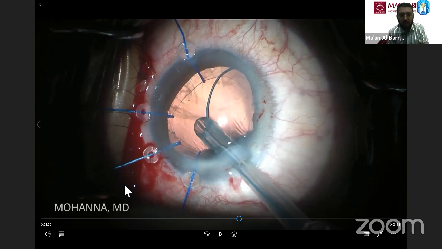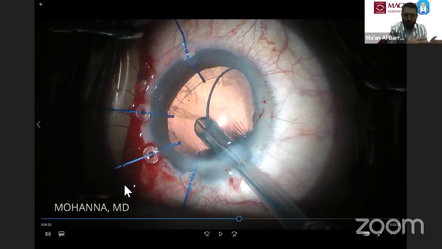This will prevent collapse of the capsule during different steps of the procedure, especially as you remove the lens matter. If there's no support, because there's a significant zonular weakness, the CTR will prevent collapse of the capsule.